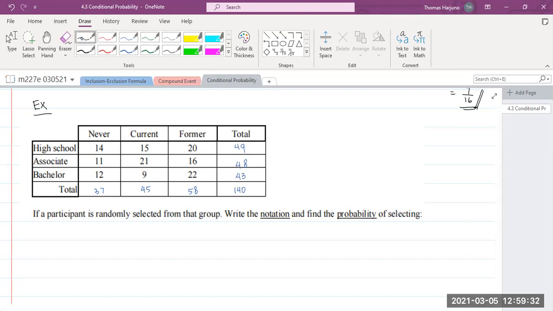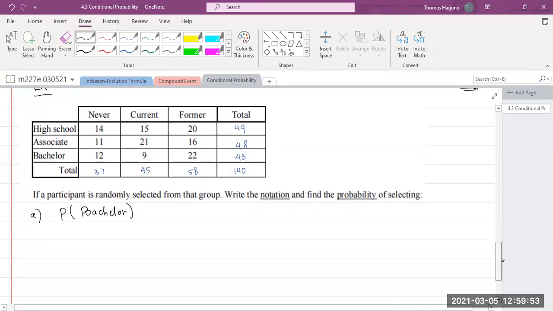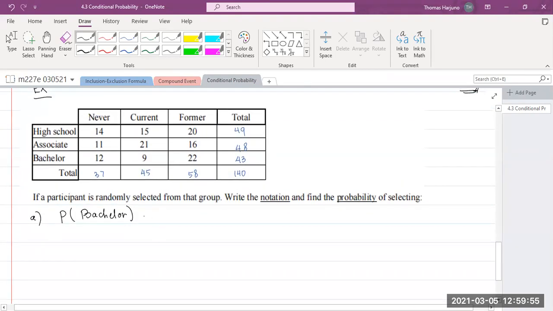Okay, let's say we have this, and then a participant is randomly selected from the group. Write the notation and find the probability of selecting. I write the notation for you. What is the probability of selecting somebody with a bachelor? So if I select one person at random, what is the probability the highest education of that selected person is a bachelor? Notice that this is not conditional probability.